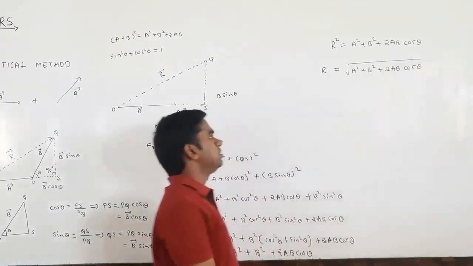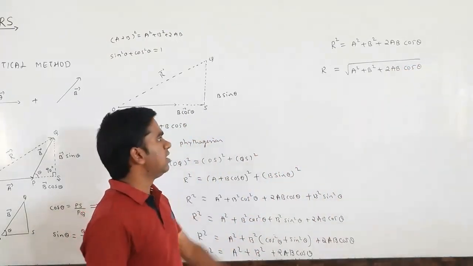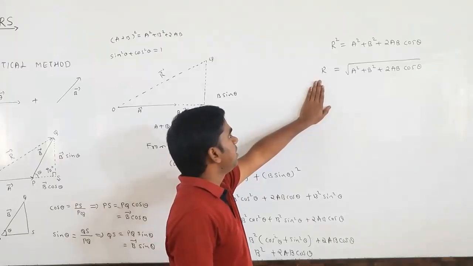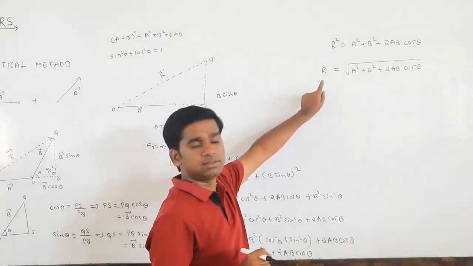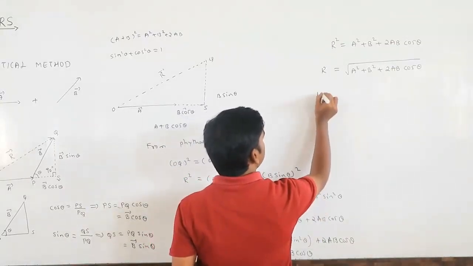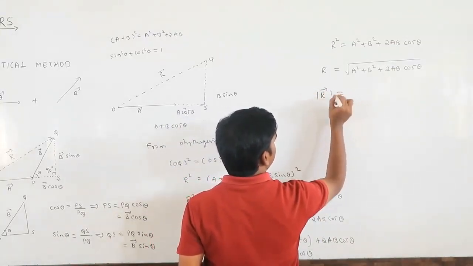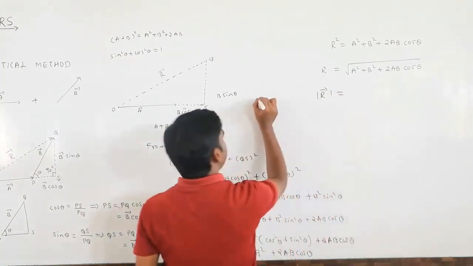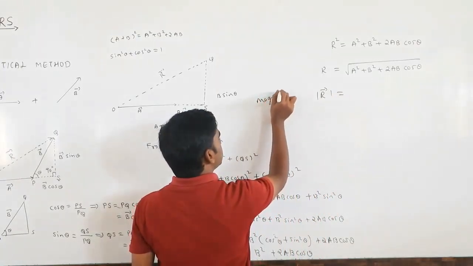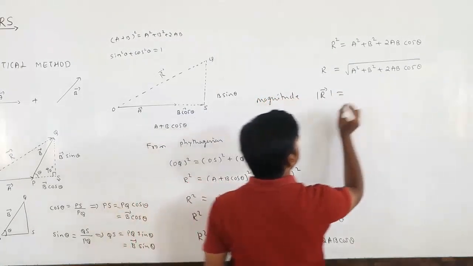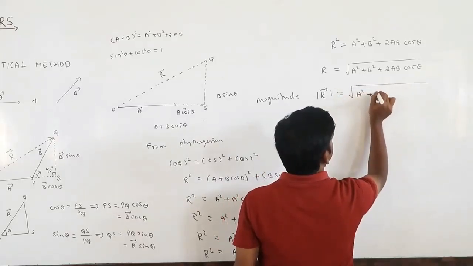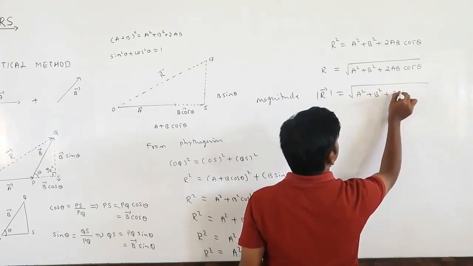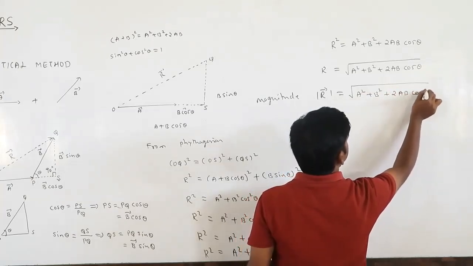This is going to be the resultant, only magnitude. This is not a direction. This will give you only magnitude. So magnitude of R is equals to root of A square plus B square plus 2AB cos theta.